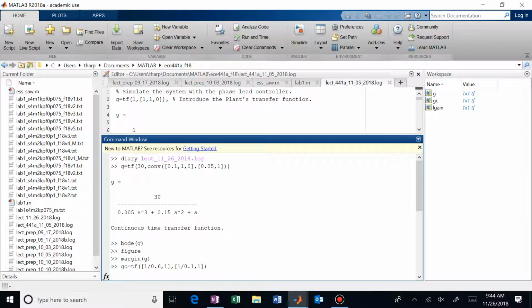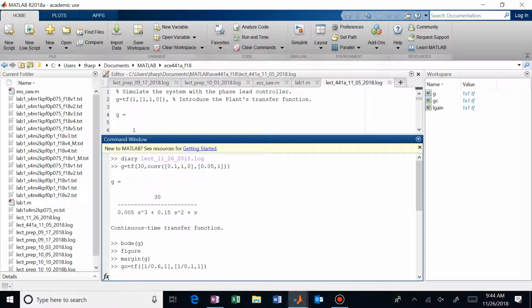I've defined the transfer function G before class as a numerator, which is 30, and a denominator, which was a product of 2 polynomials, and I can form that product via the convolution function in MATLAB. So conv basically does polynomial multiplication for you.